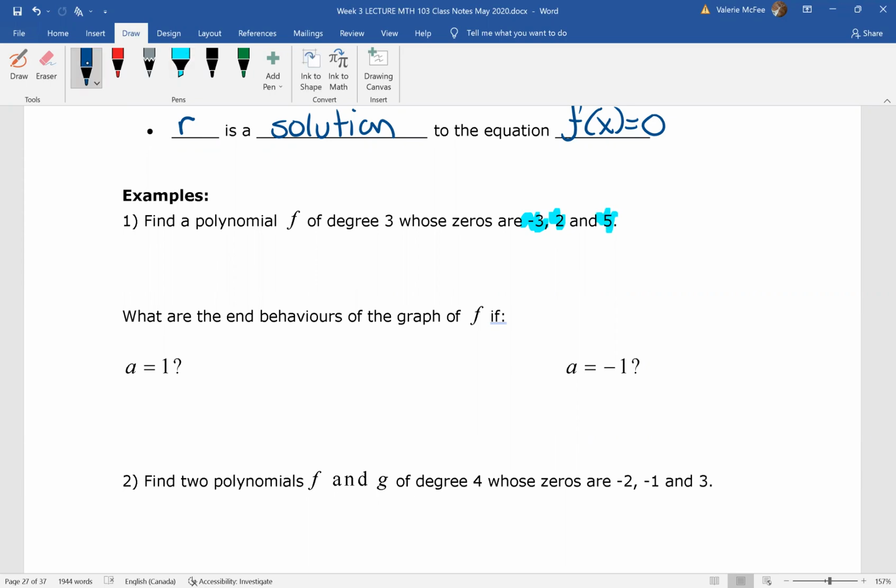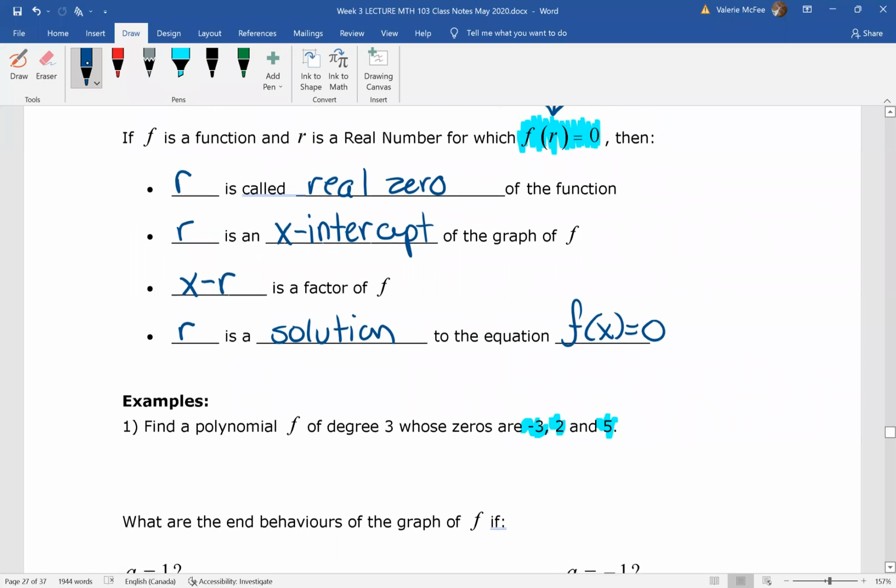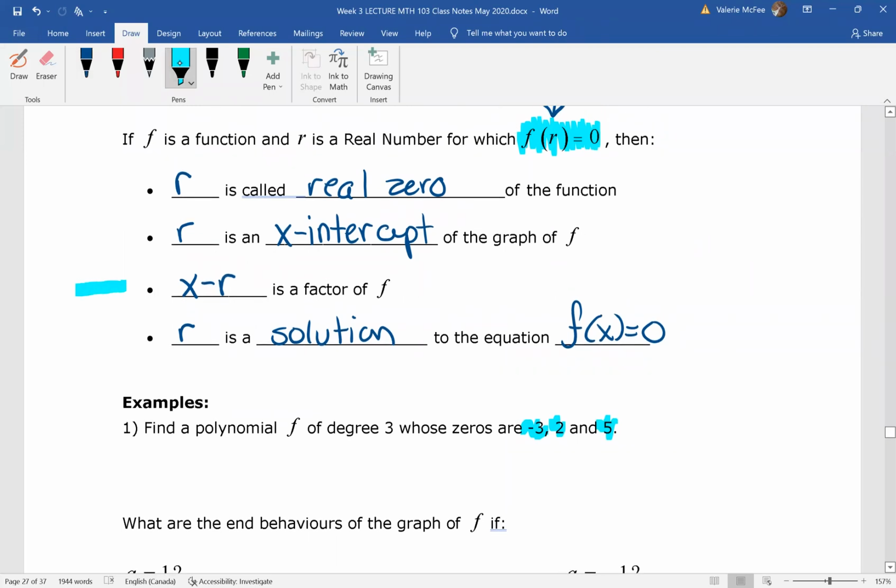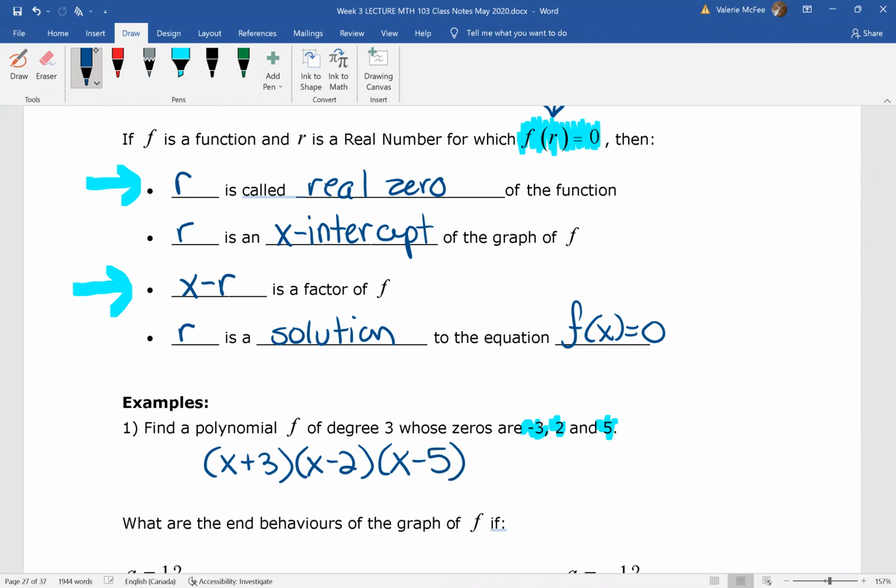So if those are the zeros, we just said that x minus r is a factor if r is a real 0. x minus -3, x minus 2, x minus 5. There's a polynomial function. It has a degree of 3. It has those real zeros.